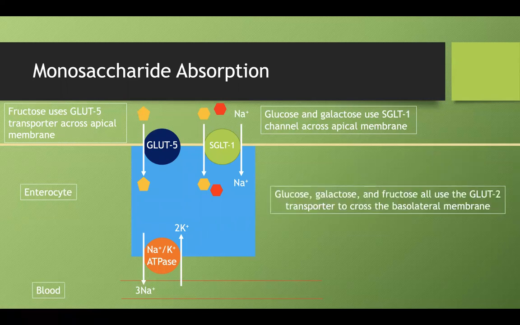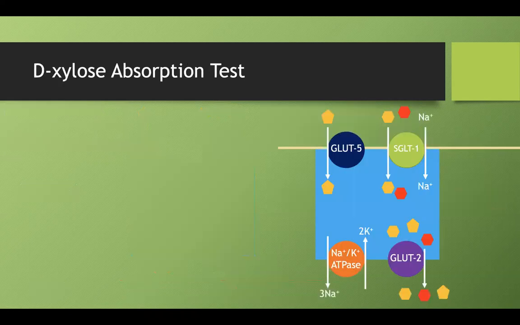Now, once they're in the cell, it doesn't matter if it's fructose, glucose, or galactose, they all enter the bloodstream through the same transporter, which is our GLUT2 transporter. And I remember the 2 as they all go in together. Or you can remember it as the second channel that each of these monosaccharides have had to encounter.